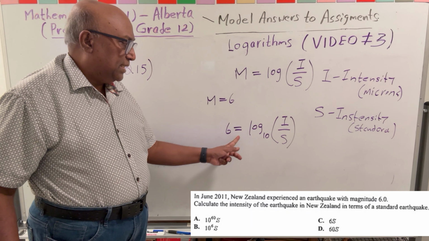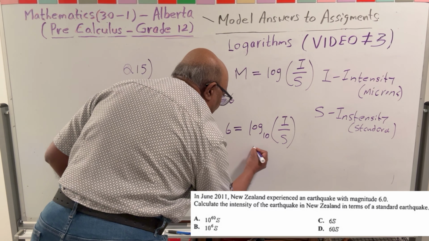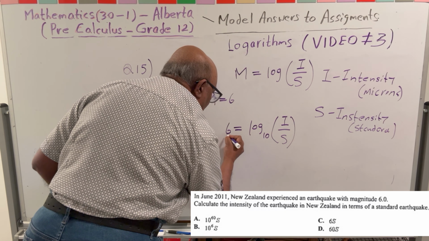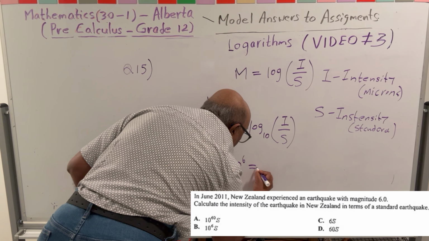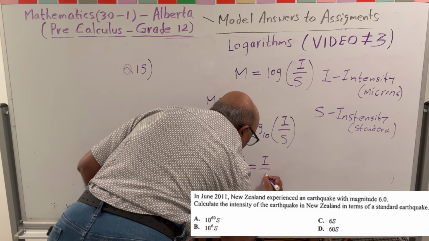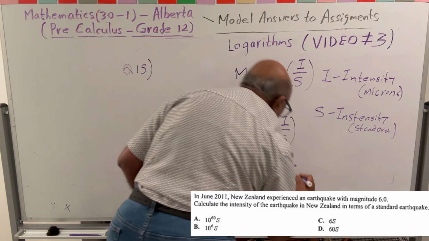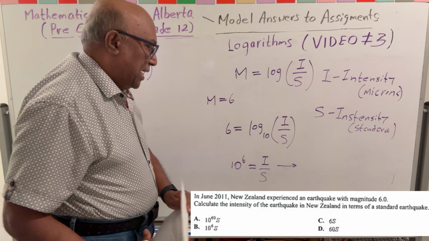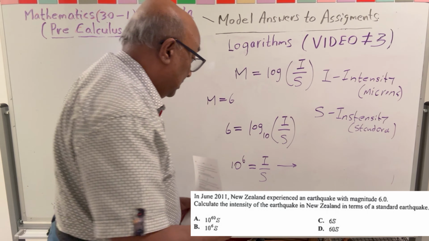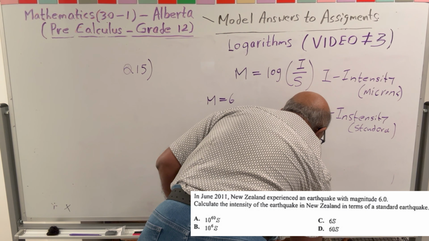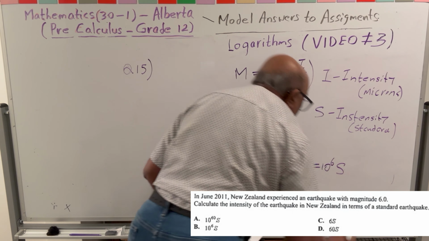Now let's rearrange this equation into exponential form. We can move this base as the base of the exponent. 10 to the power 6 equals I upon S. When you rearrange this equation, in order to isolate I, you can multiply both sides by S. Then I is equal to 10 to the power 6 times S. That's it.